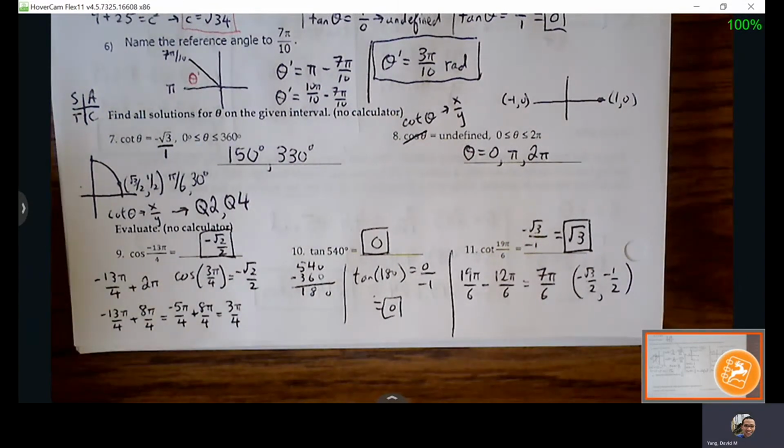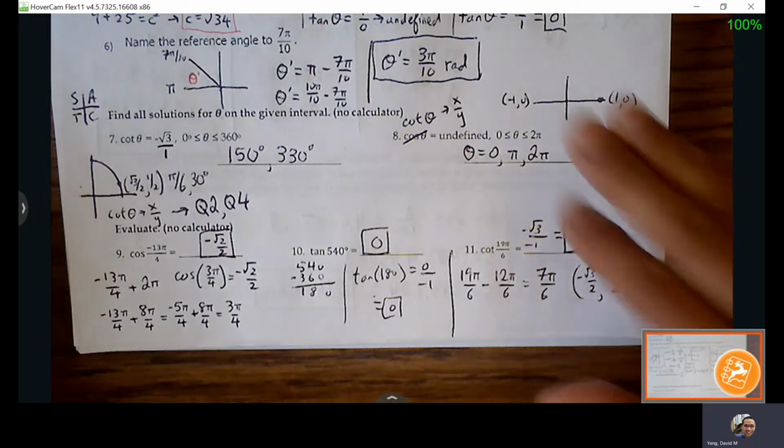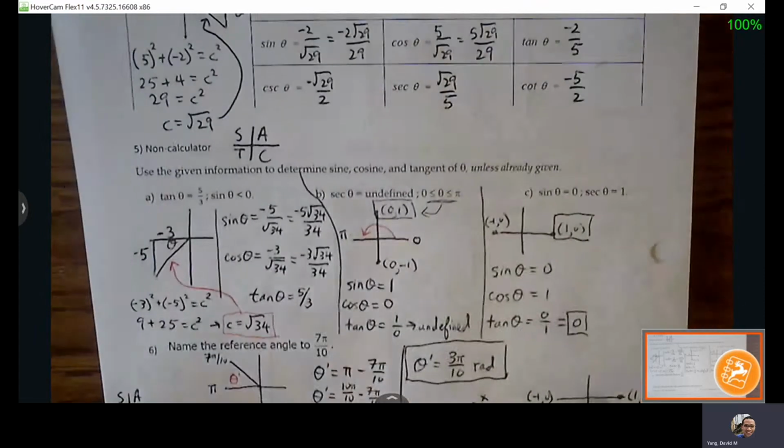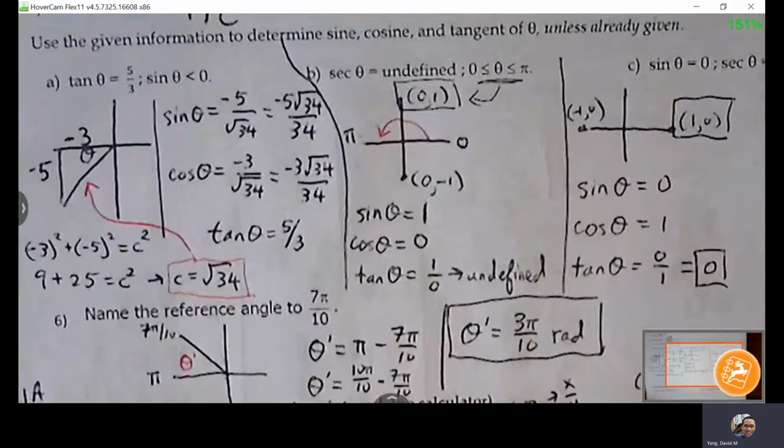All right, any questions on the back page? Yes. How'd you find the answers on 5B? How'd you locate them?